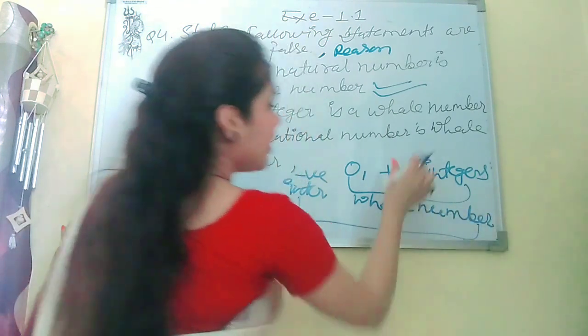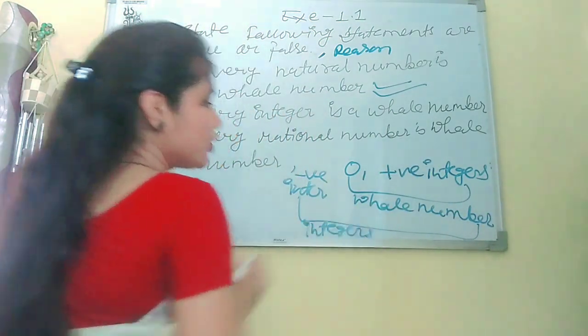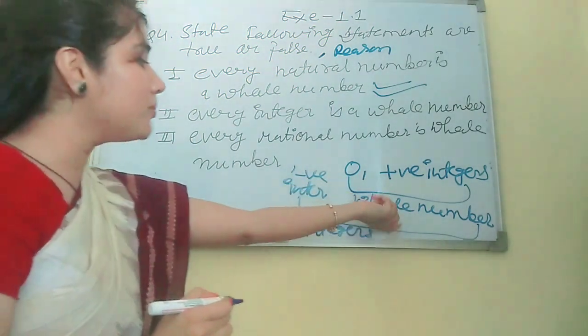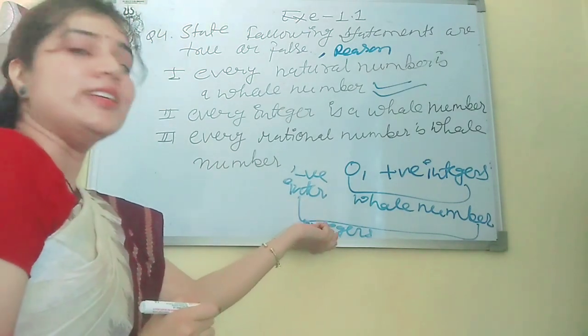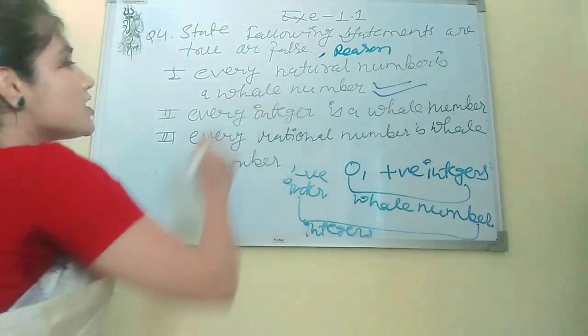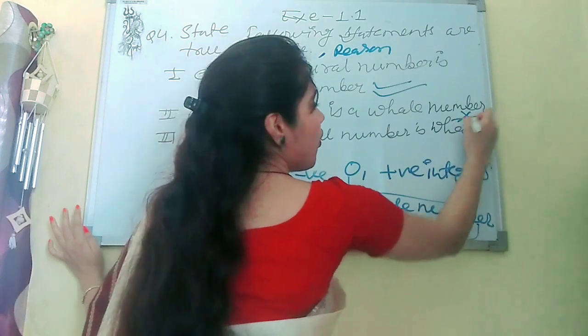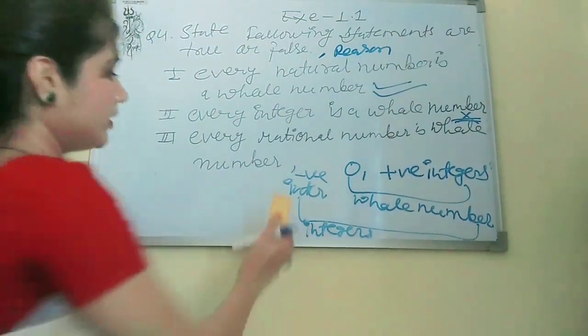And these all are the types of integers. So all whole numbers can be integers, but all integers are not whole numbers. So this is the false statement. Second statement is false. Now the third one.